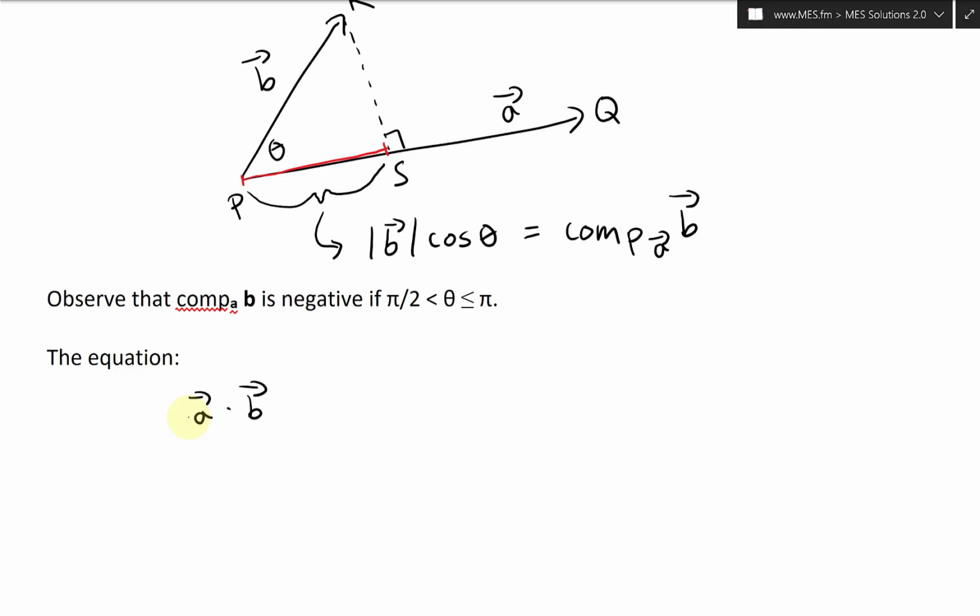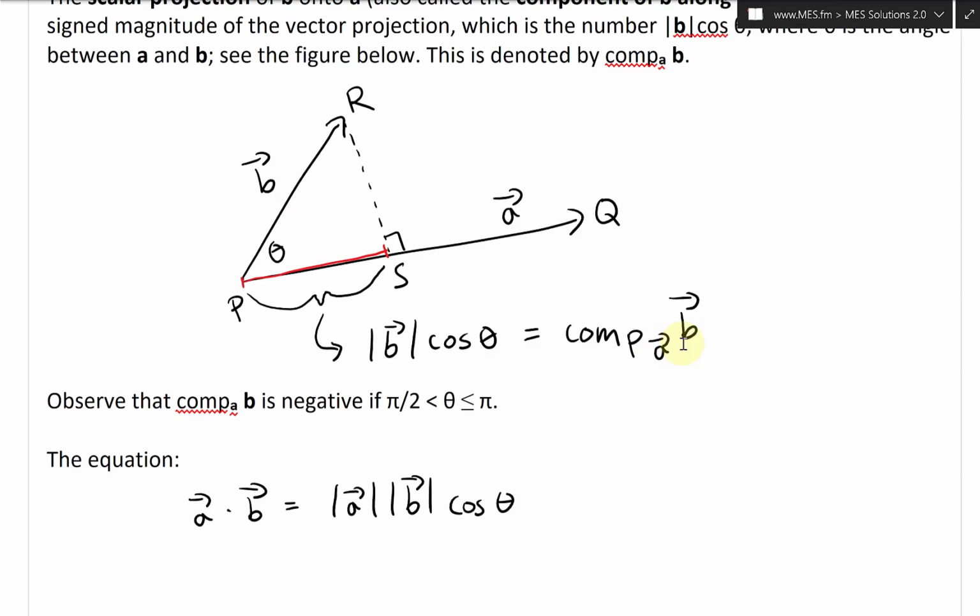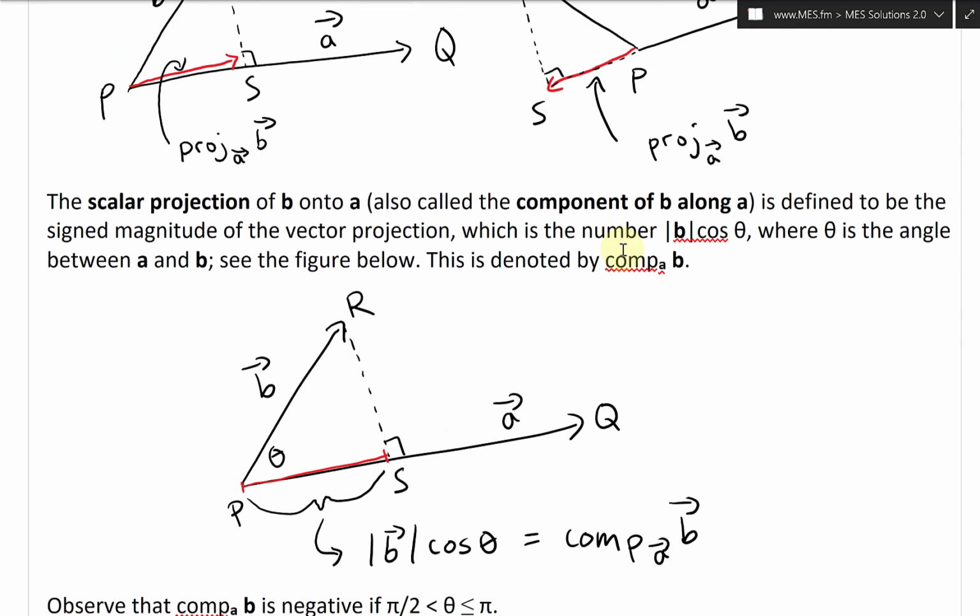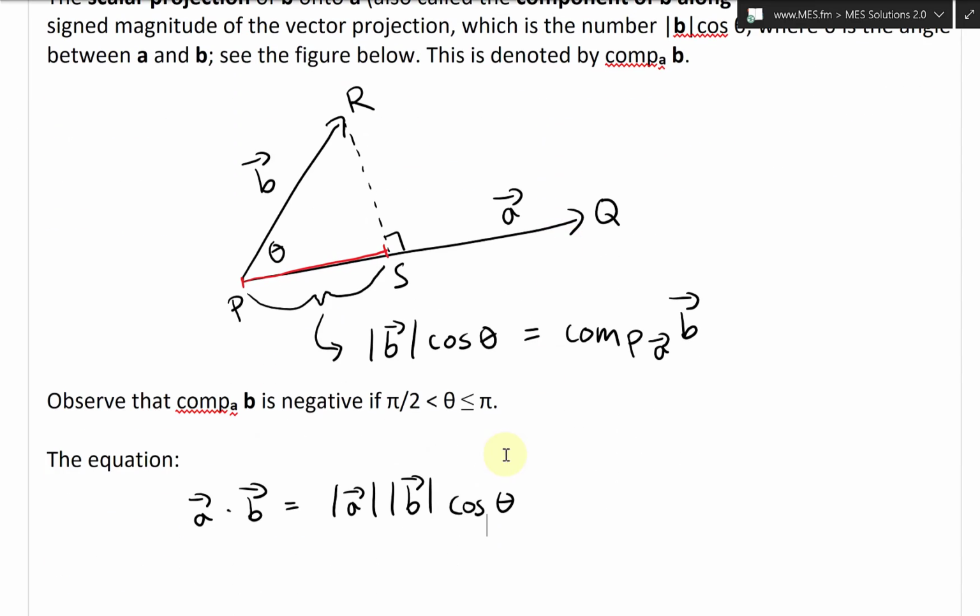And now note the equation, so if we write this out, the dot product A dot B equals the length A times the length B cosine theta. And we know that the component of B along A, or the scalar projection of B onto A, is just length B times cosine theta.